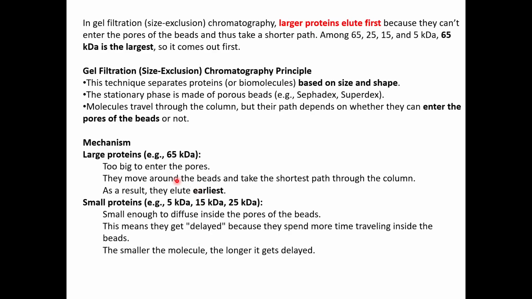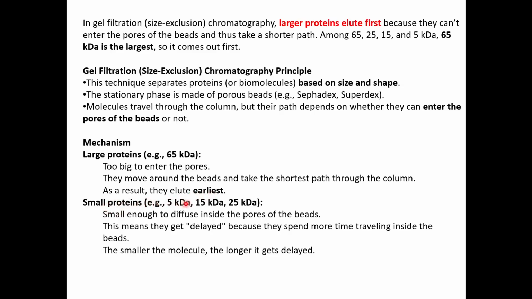So the basic mechanism, like we said: proteins too big to enter into the pores are your large proteins. In this case, it is the protein which is of 65 kilodalton. So they move around the beads and then they take the shortest path through the column. As a result, they elute earlier.